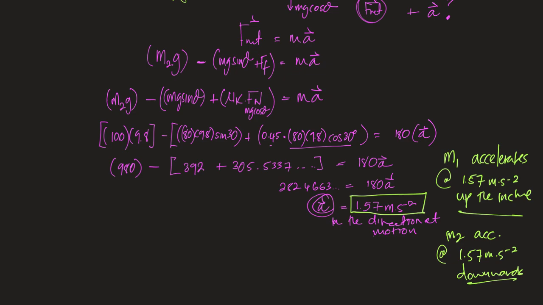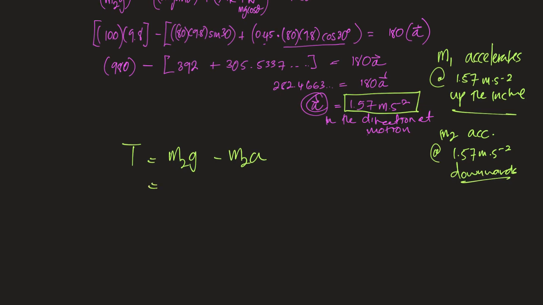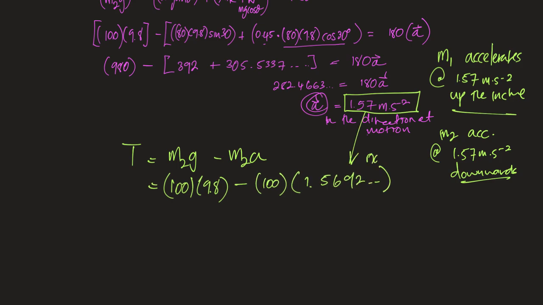Now they need tension. So I'm going to say T2, or tension, is equal to M2G minus M2A. Right? I know my second mass is 100. So 100 times 9.8 minus 100 multiplied by 1.5692. I'm taking that value, but the not rounded off one.